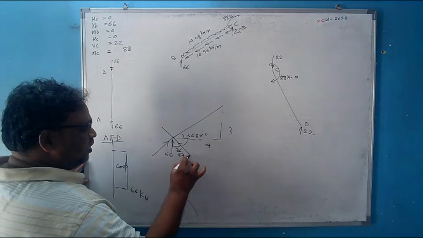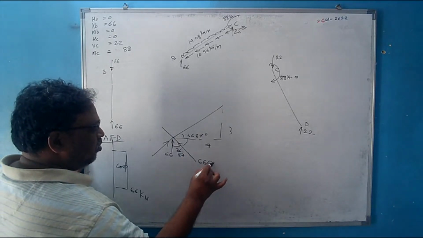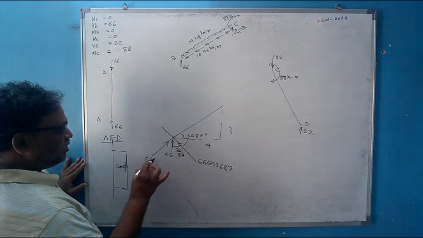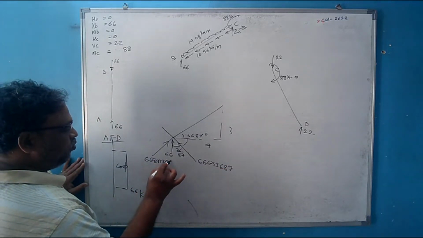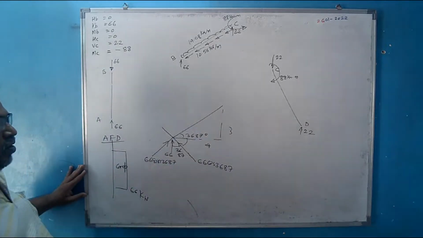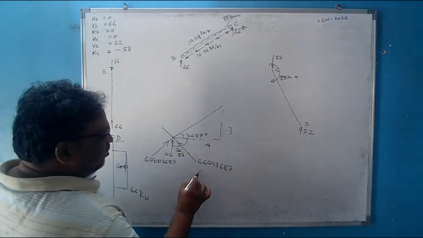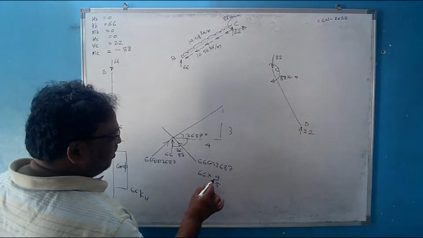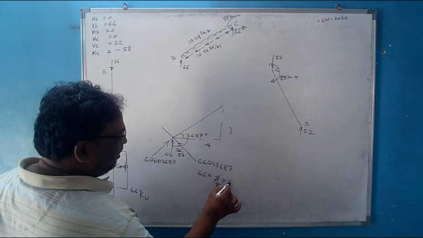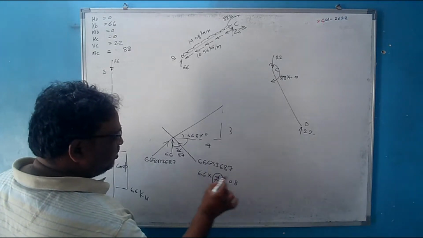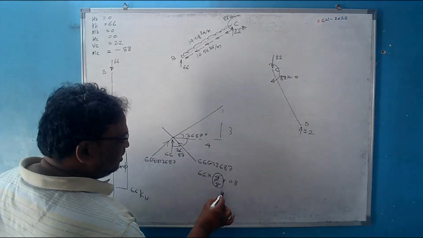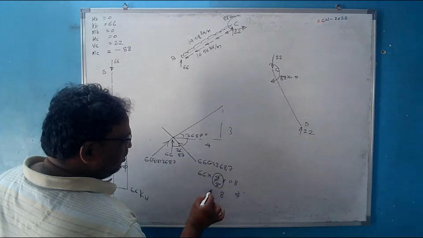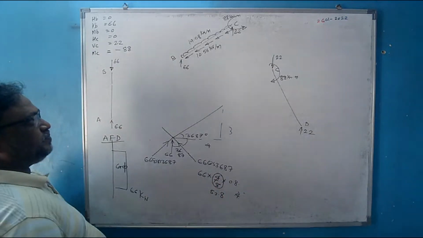So this force must be 66 cos of 36.87. This will be 66 sin of 36.87. Cos of 36.87 is 66 multiplied by 4 by 5, that is nothing but multiplied by 0.8. So how much will this be? 8 times 6 is 48, carry 4, 8 times 6 is 48, plus 4 is 52, so it is 52.8.